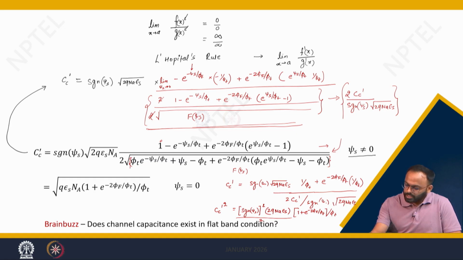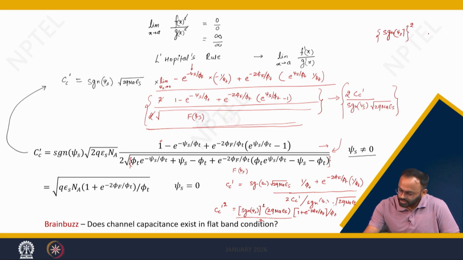What is the value of signum square? Signum of psi s square. This is 1, right, because we know the signum function will give you plus 1 if x is greater than 0, and minus 1 if x is less than 0. But if you take the square, ultimately it will give you plus 1.